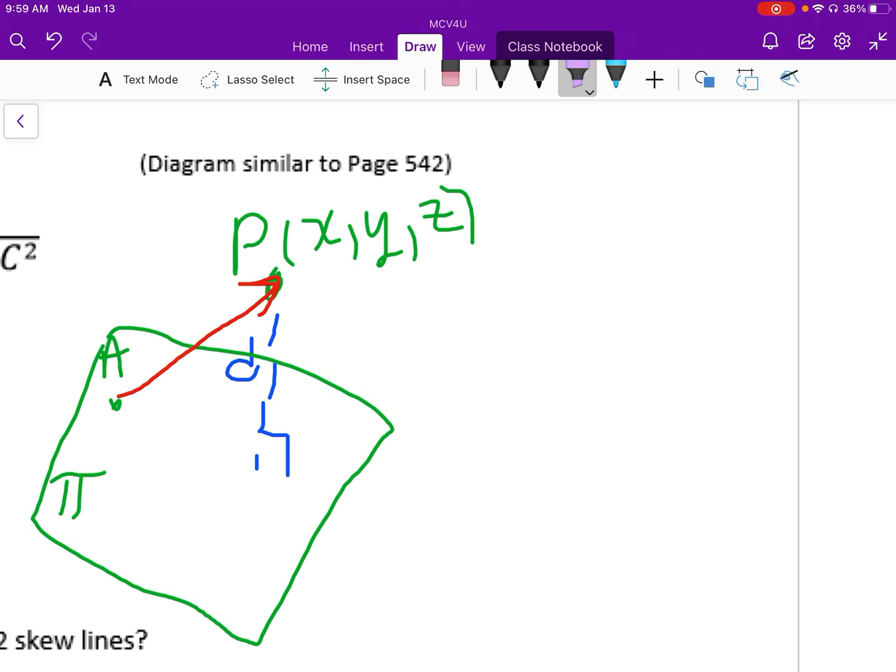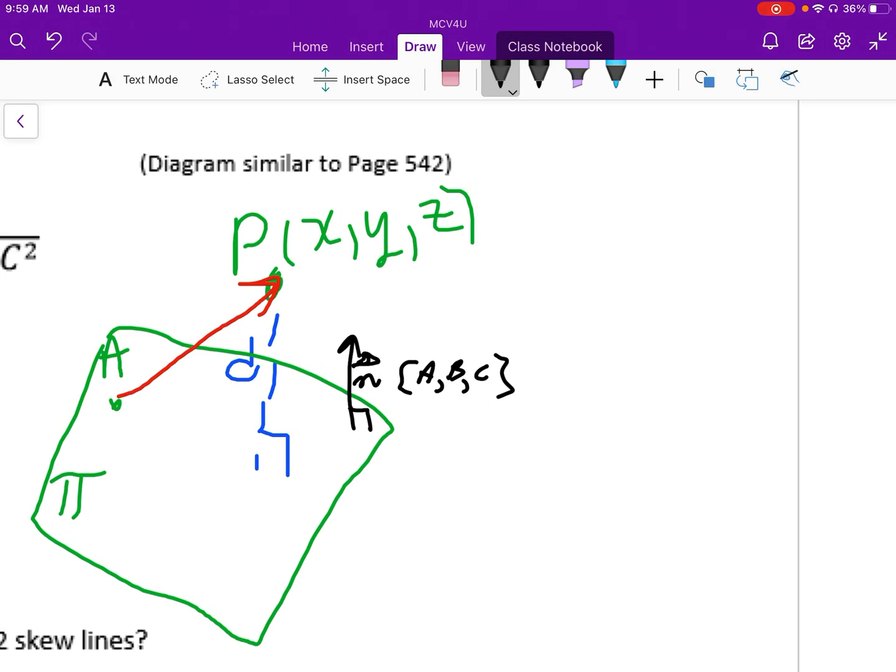The distance is the perpendicular distance straight down, okay? Perpendicular distance. Why is that important? Well, we know that the normal vector to a plane is perpendicular by definition, right? So if we have the normal vector, the A, B, C components or the coefficients in front of X, Y, and Z, we have those automatically.